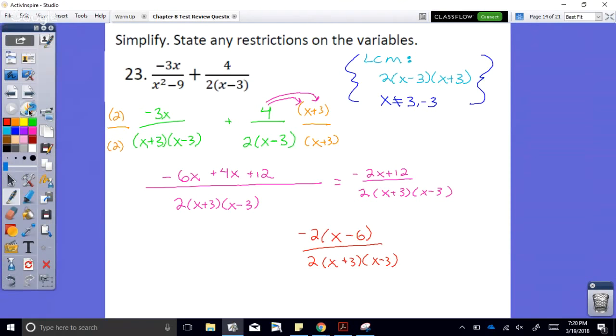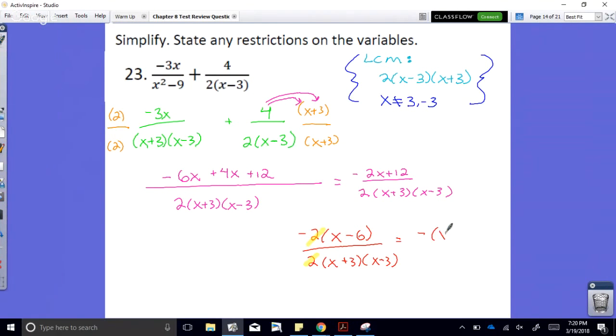Okay, when you factor, if you can then cancel, then you're going to. So if you notice, these 2's can now cancel. So my final answer is going to be negative x minus 6, or you could distribute that negative through. Okay, divided by x plus 3, x minus 3.